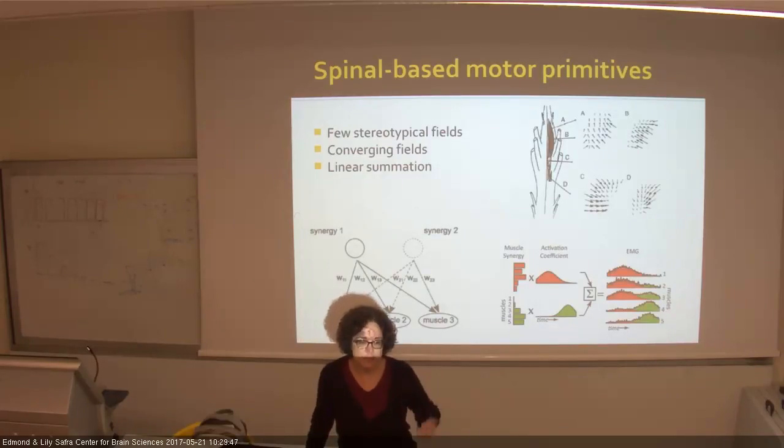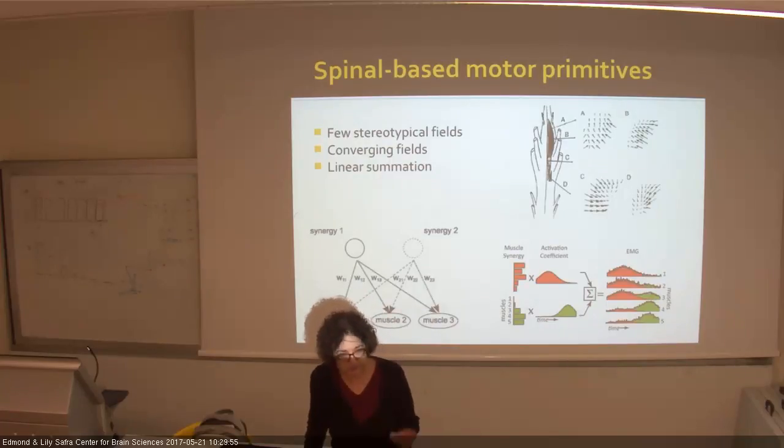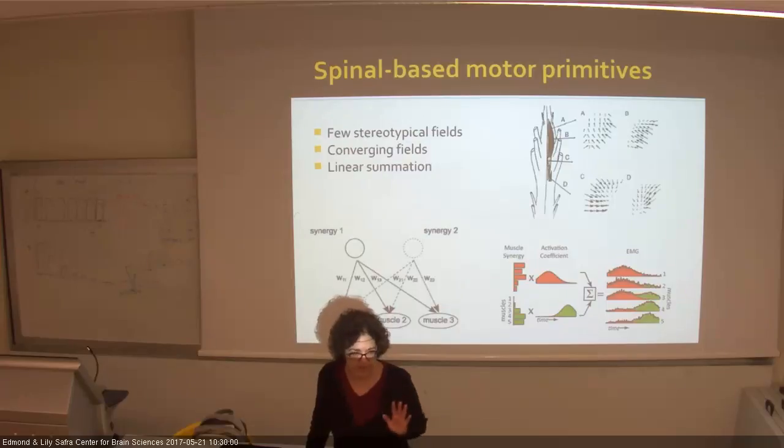So part of the preparatory activity is mostly seen in premotor cortex. I didn't talk about that, but in premotor cortex, most of the activity is preparatory. And this preparation is translated into a gating mechanism at the spinal level.